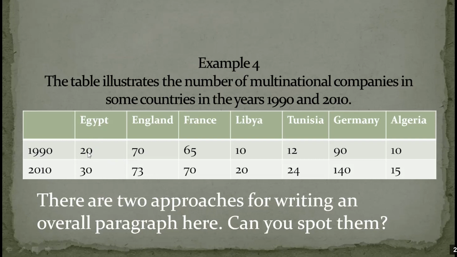In Egypt, it was 20, it became 30, 70, 73, 65, 70, 10, 20, 12, 24, 90, 140, 10, and 15. What we need to do in the overall paragraph is to find a way to divide them into groups. Because really, that's the whole point of the overall paragraph, is to divide random variables into groups.